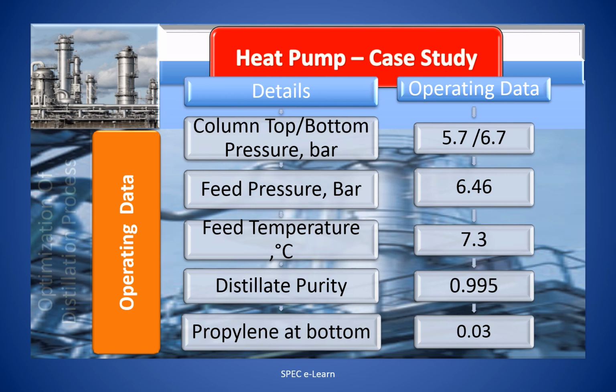The data are column top and bottom pressure 5.7 and 6.7 bar respectively, feed pressure 6.46 bar, feed temperature 7.3 degrees centigrade, distillate purity 99.5%, propylene slippage at the bottom 3%.